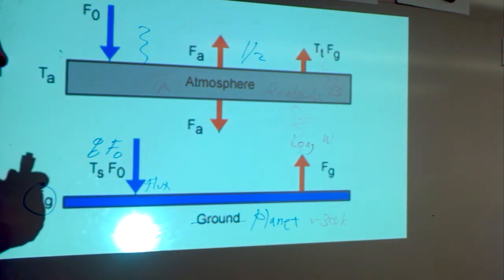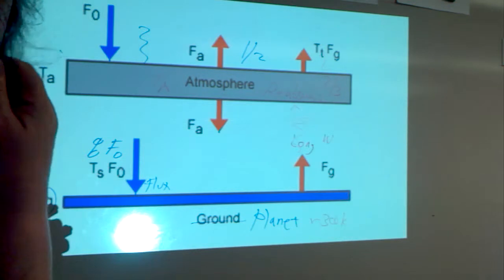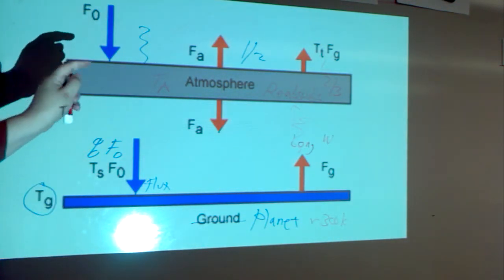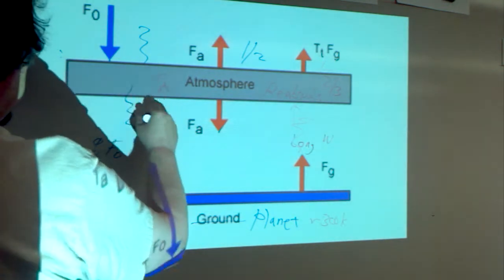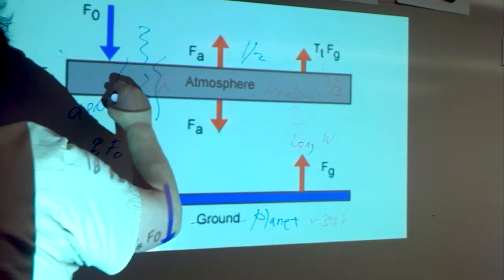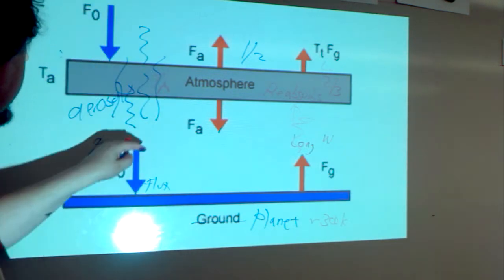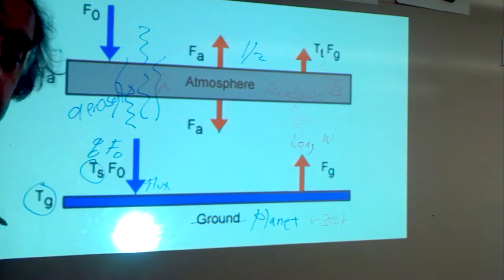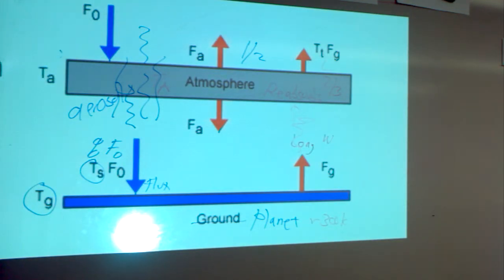So how do humans screw with this? Well, we screw with this in two ways. We screw with the short wavelength end by all kinds of pollutants and aerosols. So we modify T sub s by industrial processes.